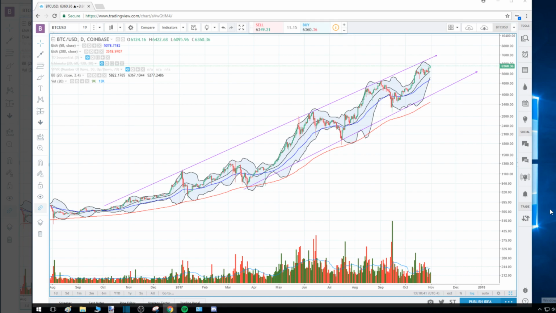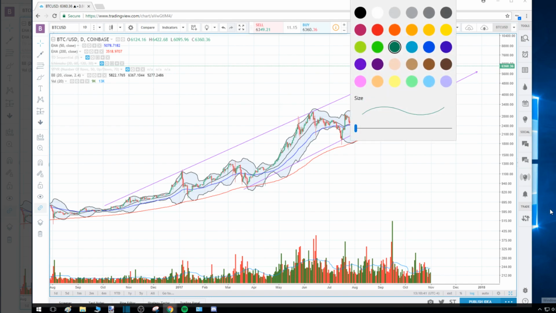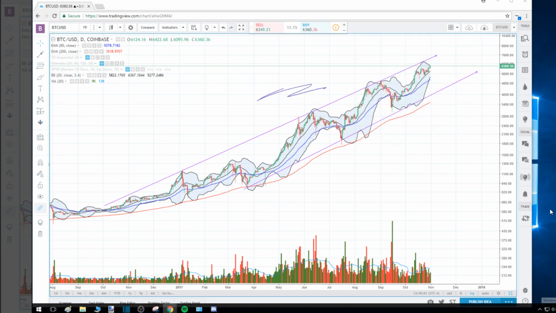A very common trend within this 1-day period, so these are 1-day candles, is that every time we come up pre-correction, every time the market's about to correct, we see that the 1-day Bollinger Bands begin to bulge.